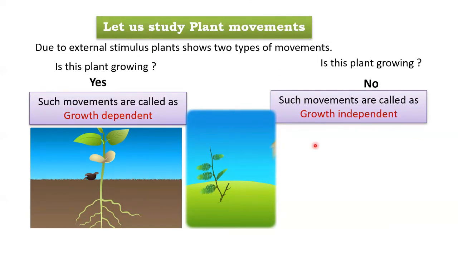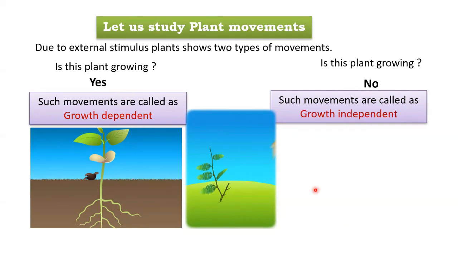Till now, we have understood the difference between growth dependent movement and growth independent movement. In growth dependent movement, we see movement due to growth. मतलब growth होगा, इस वजह से हम लोग को movement दिखेगा. But when we talk about growth independent movement, there will be movement, but there will be no growth.